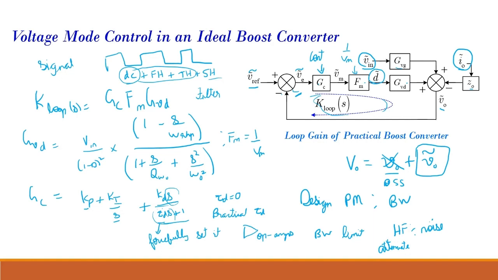And so we place this tau d of s plus 1. It will slow down how fast the derivative acts. But our goal is that the derivative action should occur for the fundamental component. And if this tau d of s plus 1 is designed to operate on the fifth harmonic, then it will not affect the fundamental harmonic response.